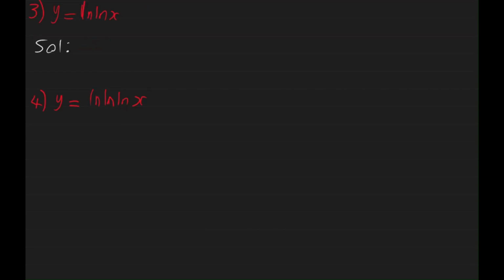Okay, now for question number 3, we have ln ln x. What is the derivative of ln ln x? Y dash. Okay, we are going to differentiate ln that contains ln x, right? So the function inside ln is ln x.